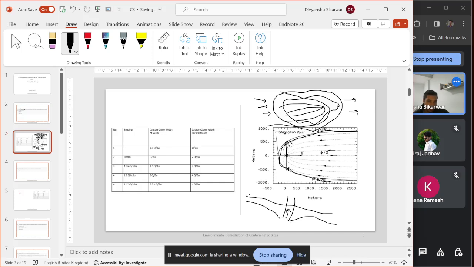From the top view, this represents the well, and this is the zone of influence, the capture zone of this well. When we pump out water from this well, it will take water from almost this zone. Whatever contaminant is present in this zone will typically be removed.